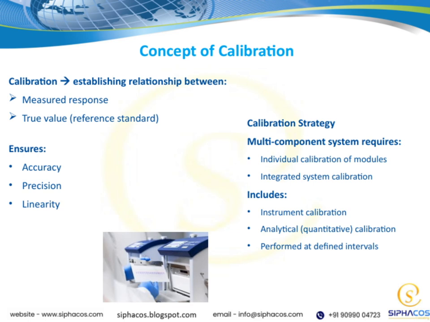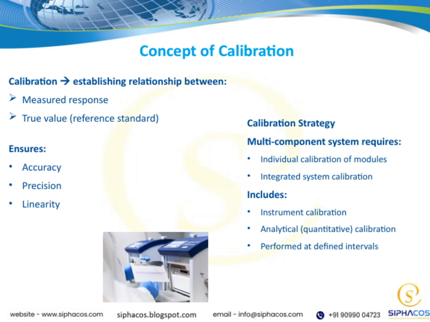This process includes two main aspects: instrument calibration, which involves ensuring that our measuring devices are providing accurate readings, and analytical or quantitative calibration, which helps us relate the responses we measure directly to known reference standards. It's important to remember that calibration isn't a one-time task. We perform these calibrations at defined intervals to maintain reliability over time.